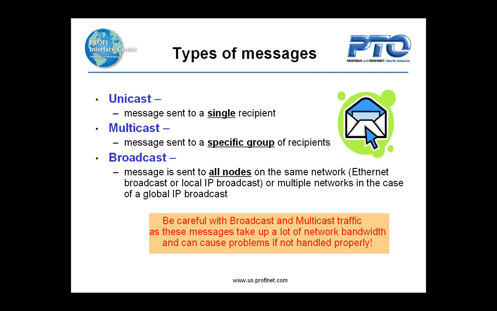On an Ethernet broadcast, that would go to all the Ethernet nodes on that network. On a local IP broadcast, that would go to all the nodes. Now, if you do a global IP broadcast, that would go to all the nodes on the network. The main thing with multicast and broadcast is to be careful with those, because they can take up a lot of network bandwidth and can cause problems if they're not handled properly.